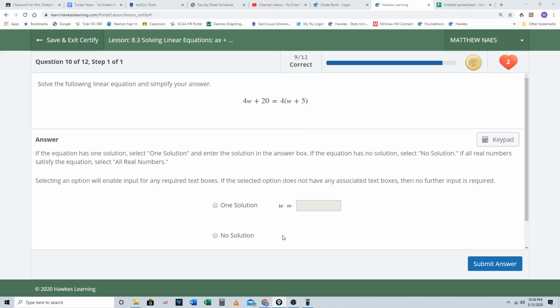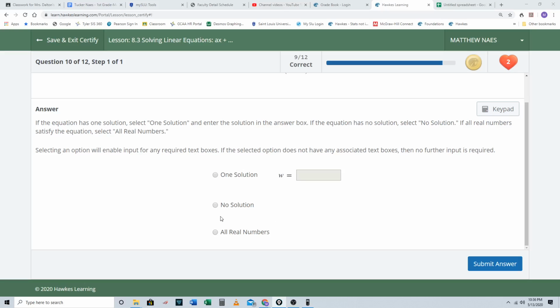Now you might be asking, when is there no solution, or when there's no solution are all real numbers? There's two choices. If your variables are left over, you have one solution. This right here, both these, is if you have no variables left.